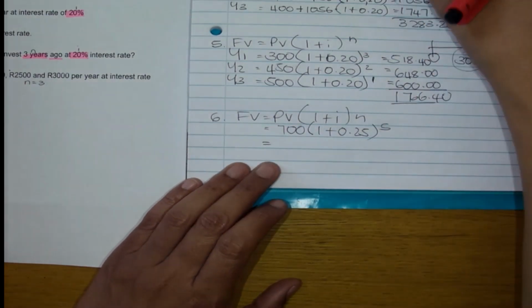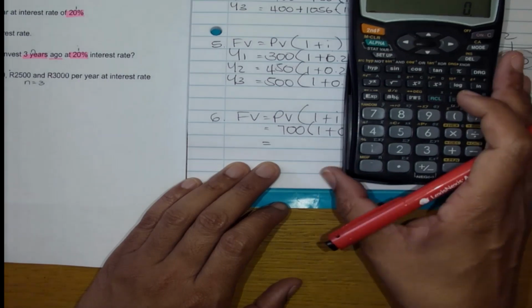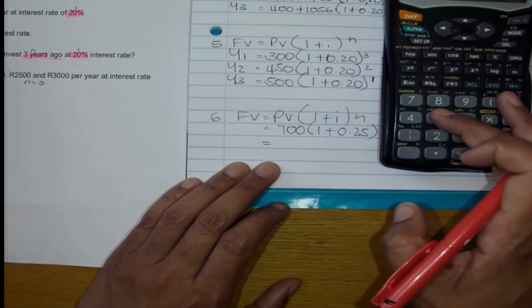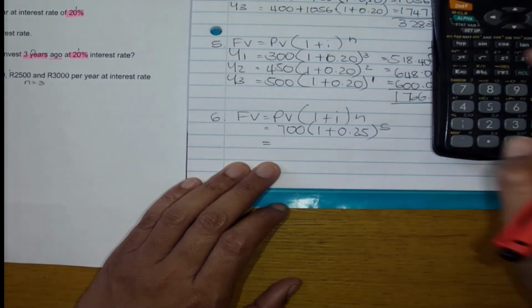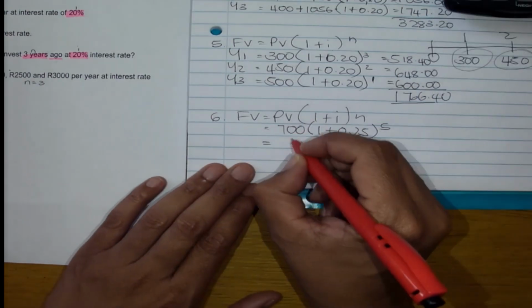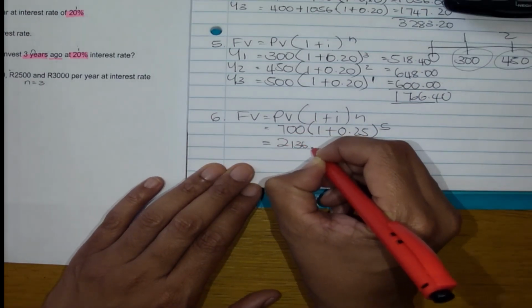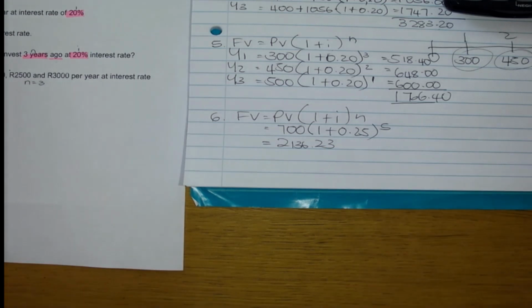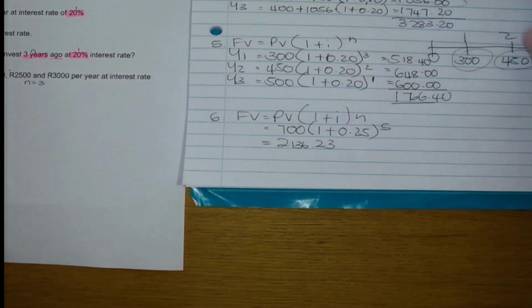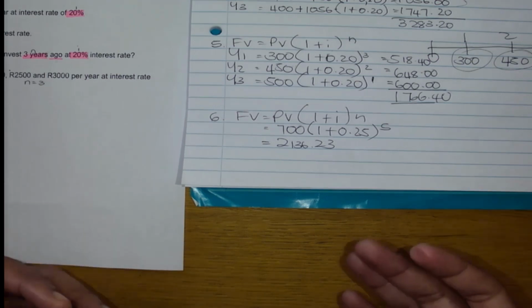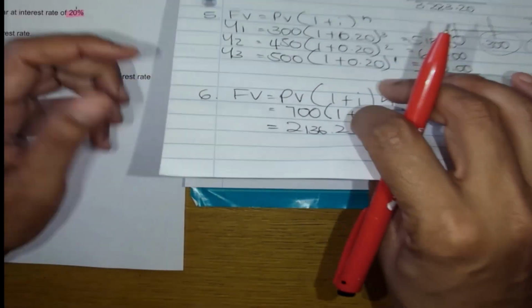And then we're going to say 700, open bracket, 1 plus 0.25 to the power 5. So the amount is 2136.23. What I'm trying to show you is that you do exactly the same thing over and over again. You just need to know your formulas.